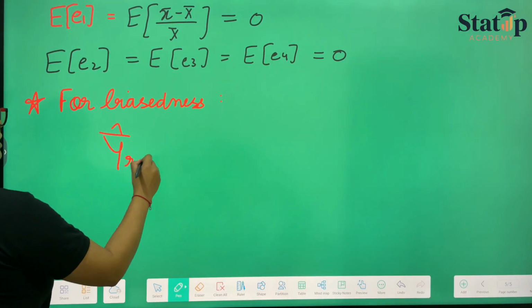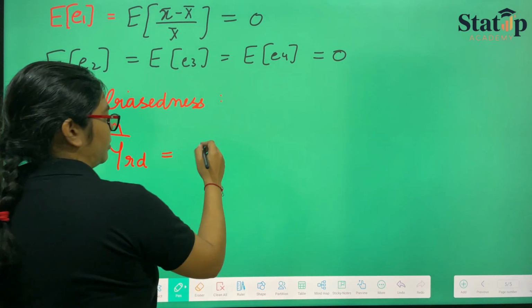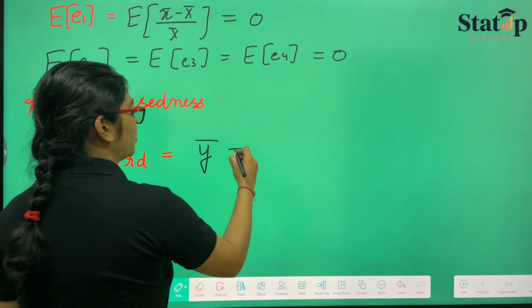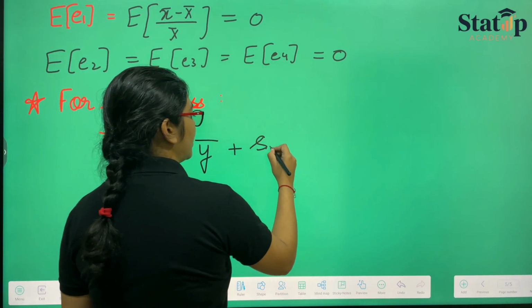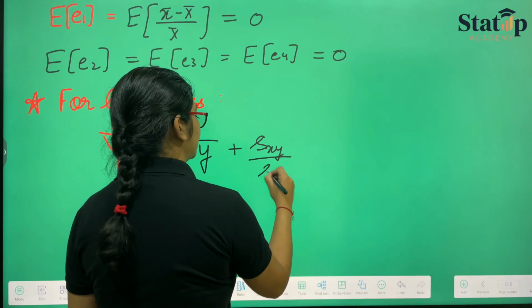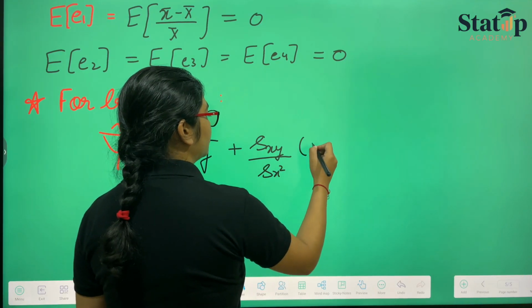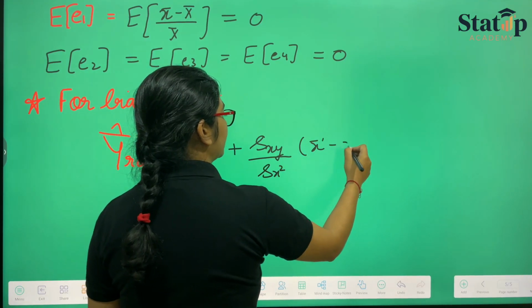The mean of the regression estimator in double sampling is given by y bar plus sxy upon sx square into x bar prime minus x bar.